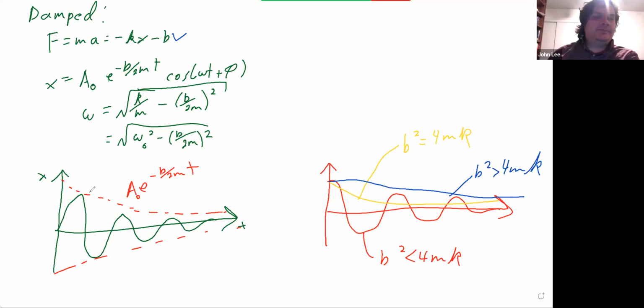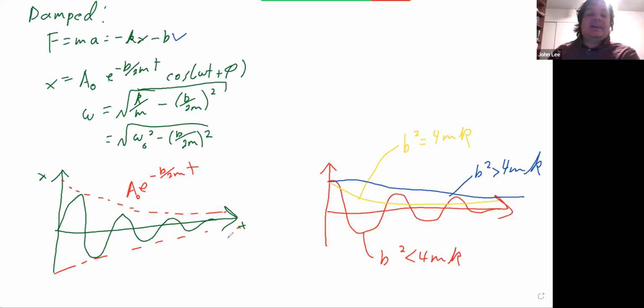When you have small values of b over 2m, you see this behavior on the bottom left, where it goes up and down, but the amplitude of x of t goes down exponentially by a naught e to the negative b over 2m t.